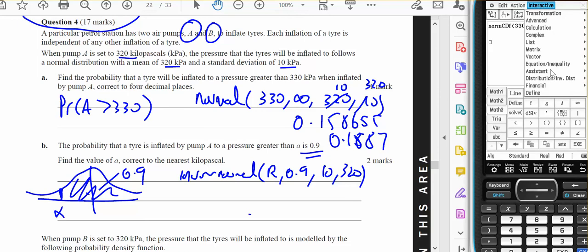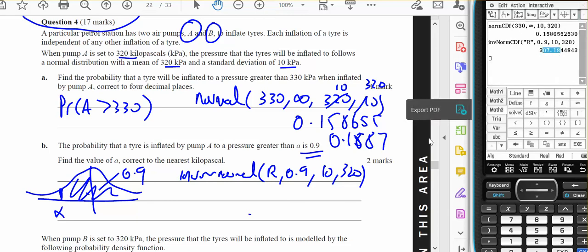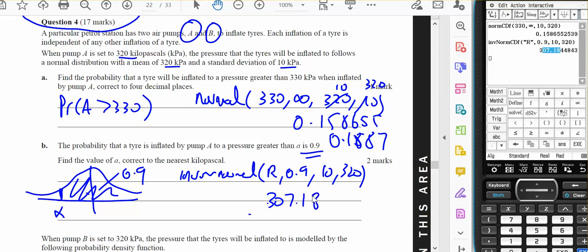So distribution, inverse normal CDF, right, probability is 0.9, and that's 10, and that's 320. And that gives me 307.18. I'm doing it correct to the nearest kilopascal, so 307 is my answer.